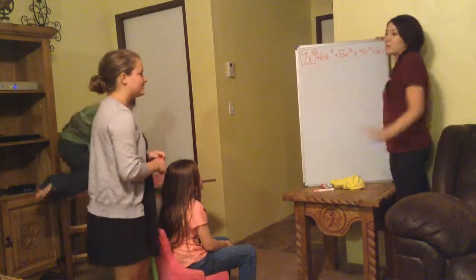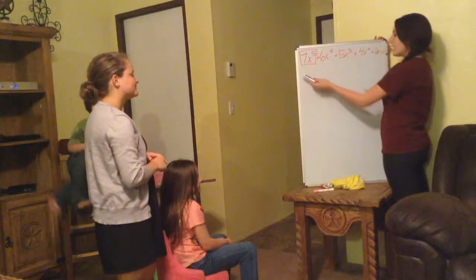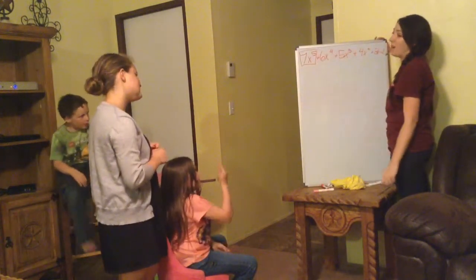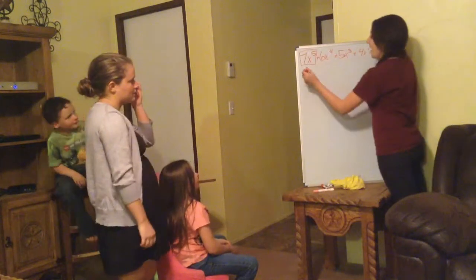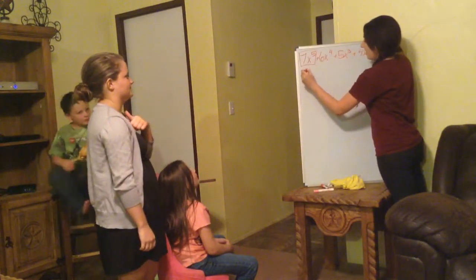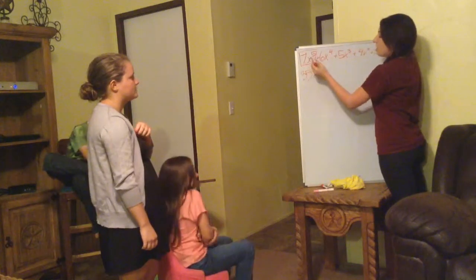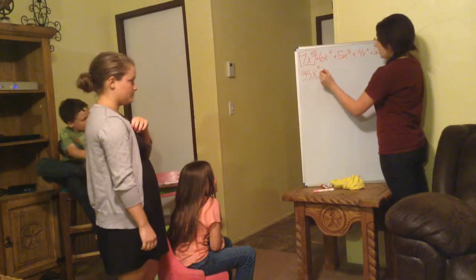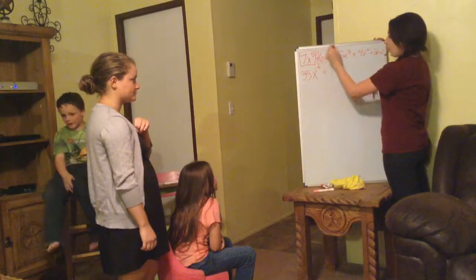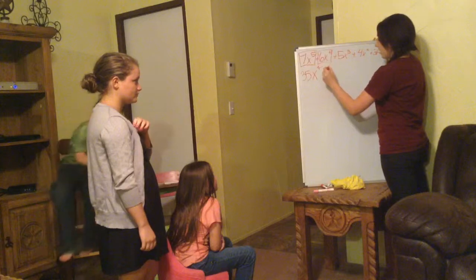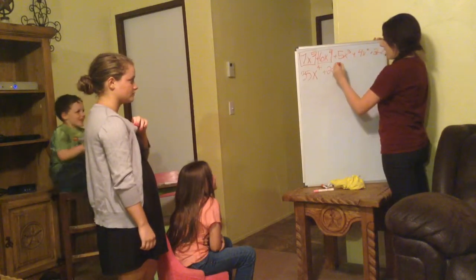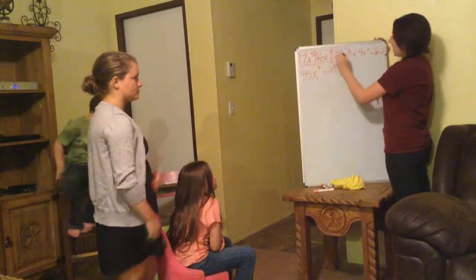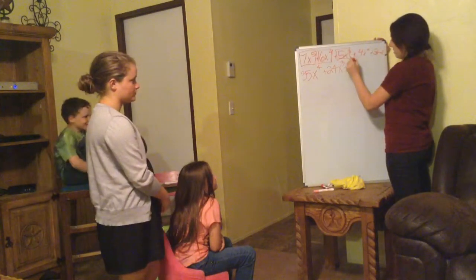Okay, that's the principal. 7 times 5 is 35. That's X to the 5 minus 1, which is 4. Plus 6 times 4 is 24. X to the 4 minus 1, which is 3. 5 times 3 is 15.